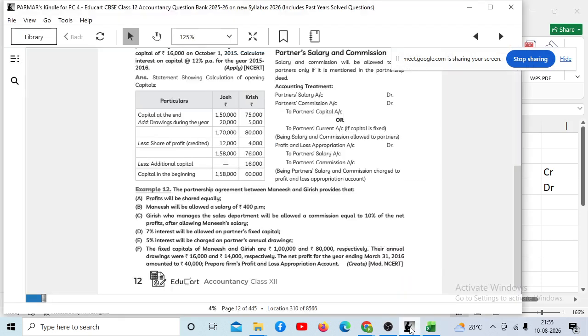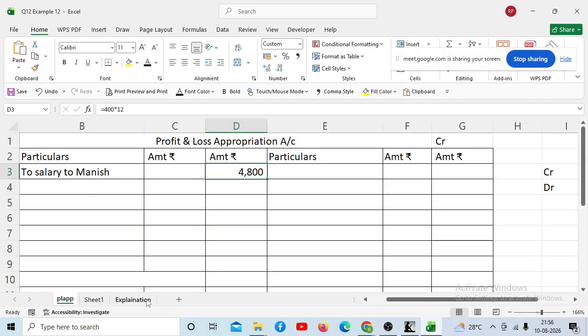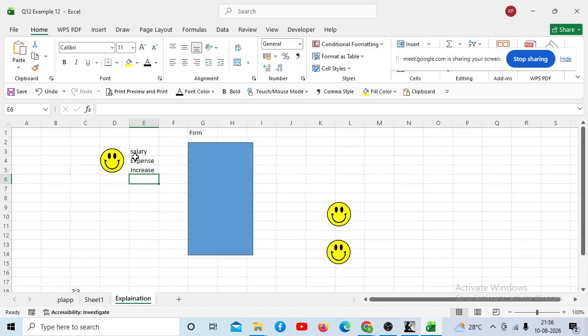Now next one, Girish, who manages the sales department, will be allowed a commission equal to 10% of the net profit after allowing Manish's salary. First we will decide the effect. Now suppose this fellow is Girish. The firm is going to give him commission.